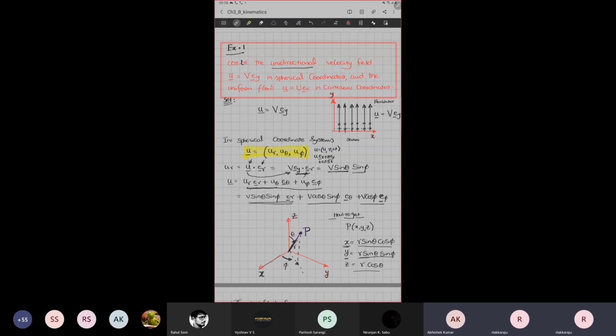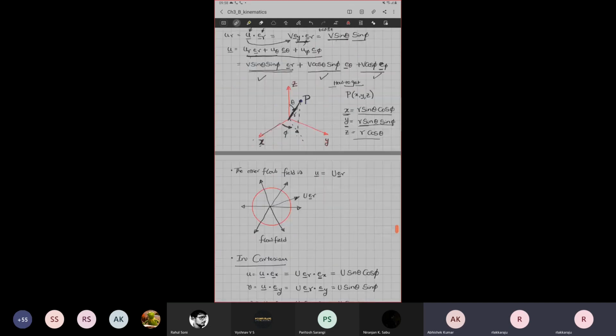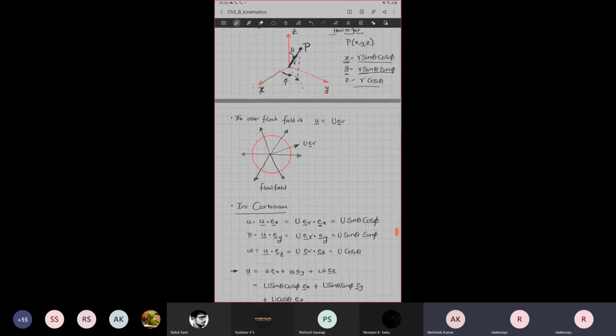So based on how you project the R coordinate onto the X coordinate or the X coordinate onto the R coordinate, theta coordinate, phi coordinate, one can write these velocity vectors. So just rework it. You will understand how to convert the Cartesian system into the spherical system or the spherical system into the Cartesian system.